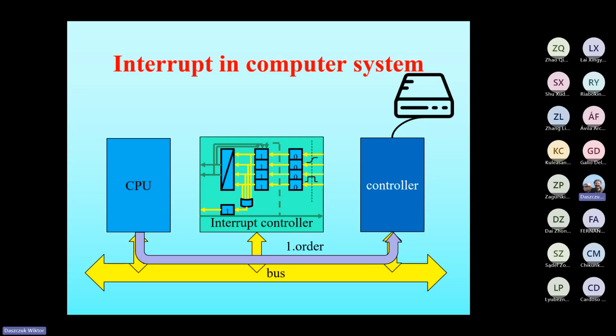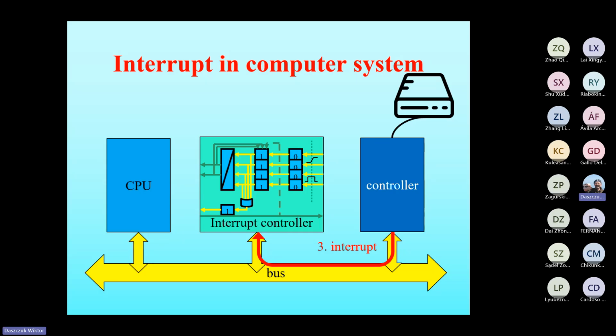All those data are put to the controller when CPU orders the operation. And the controller starts to execute this operation. When it is done, the controller issues an interrupt to the control bus.